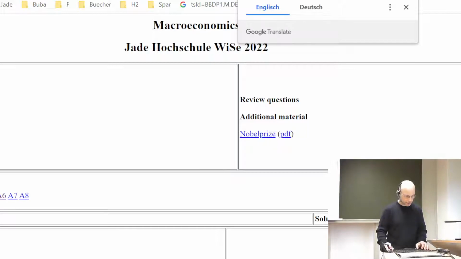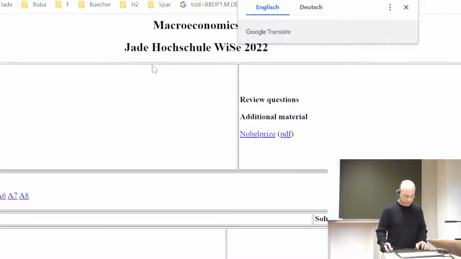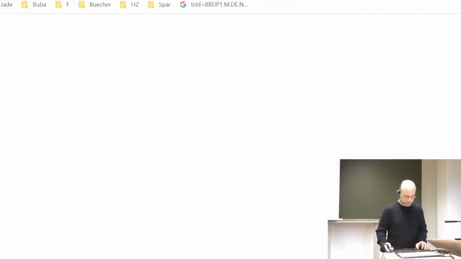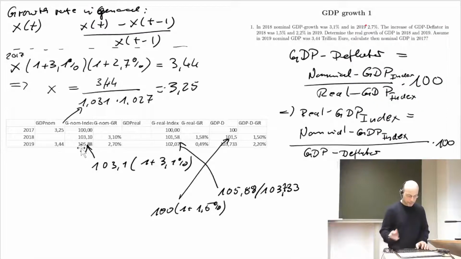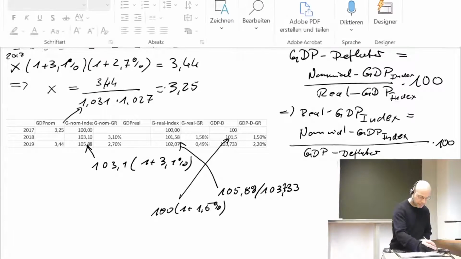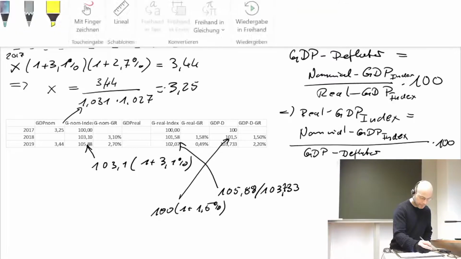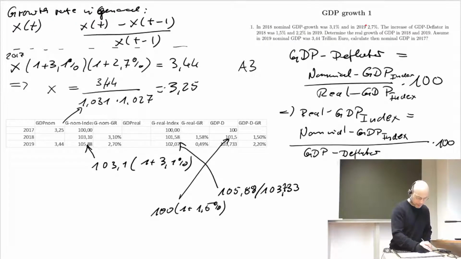And let me see, we had... this was supposed to be A3R. Yes. So this was A3.